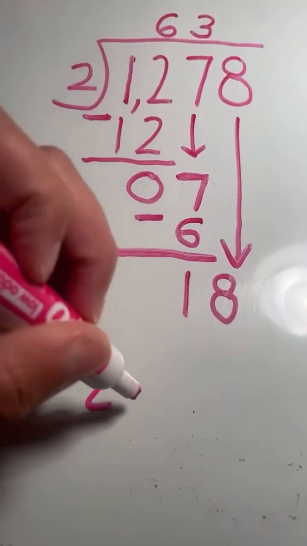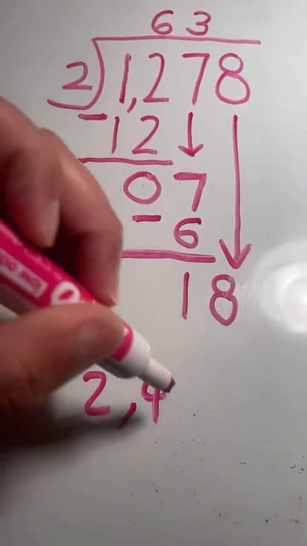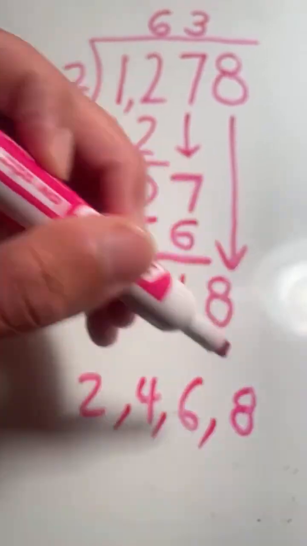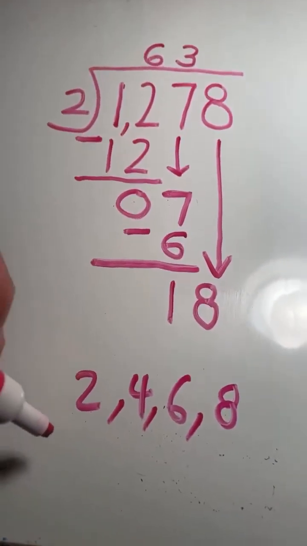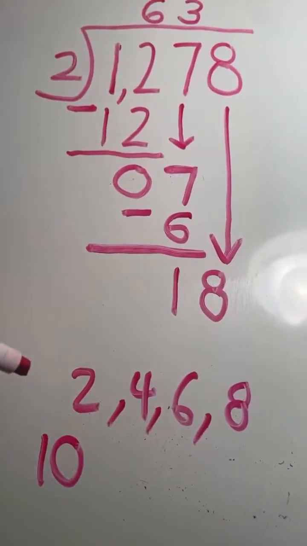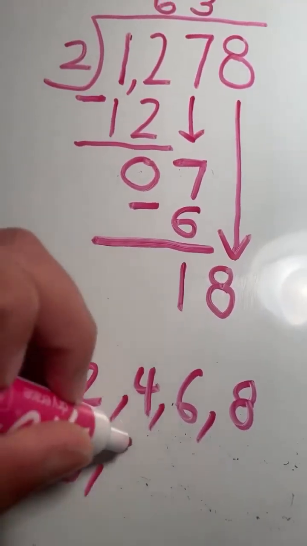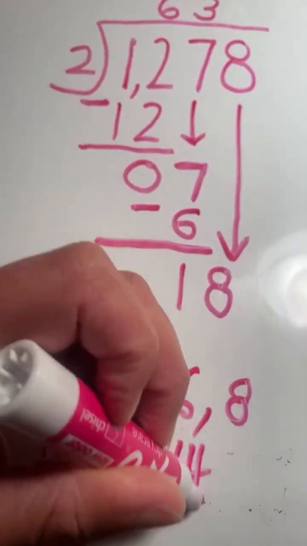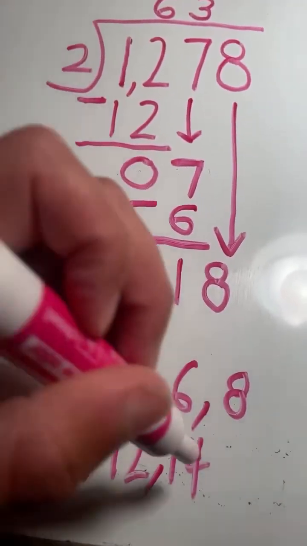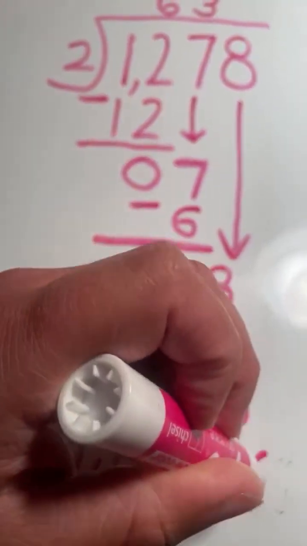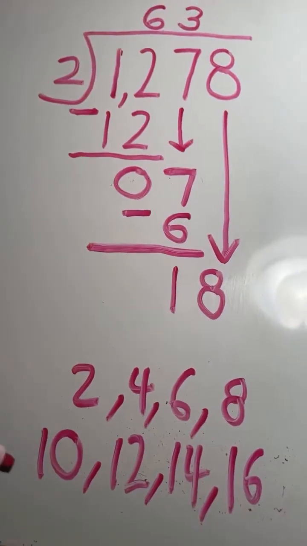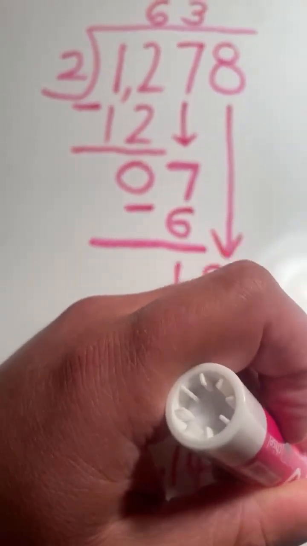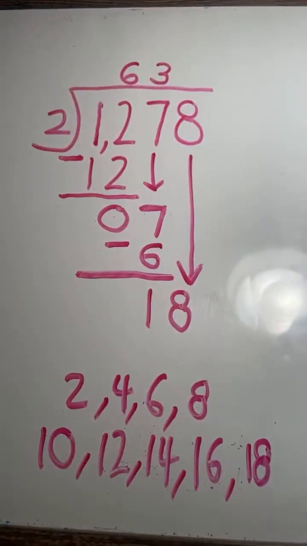2, that's 1 group. 4, 2 groups of 2. 6, 3 groups of 2. 8, 4 groups of 2. 10, 5 groups of 2. 12, 6 groups of 2. 14, 7 groups of 2. 16, 8 groups of 2. 18, 9 groups of 2.